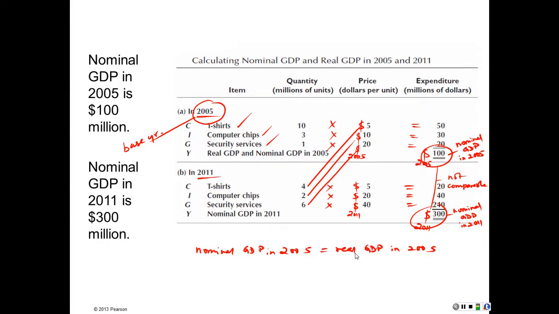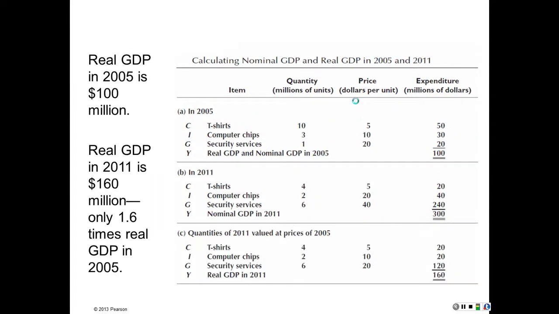Because after all, 2005 prices are being used. 2005 is the base year, right? So this is true, right? Now let's work out real GDP in 2011. And that would be this. Right? So we take the physical quantities, but now we are using what prices are these again? These are 2005 prices.